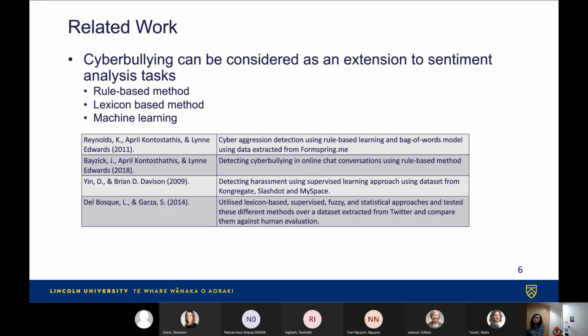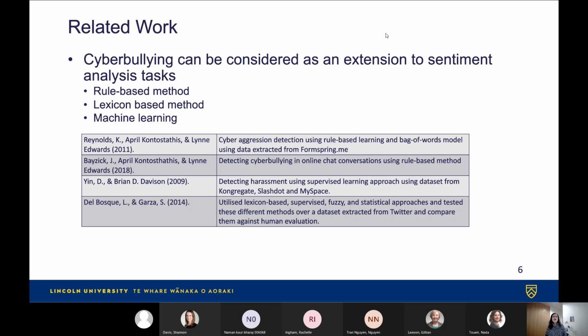But of course, we need to do a lot more than just distinguishing whether it's negative or positive. In my example, I do not like this bottle does not really mean that it's a cyberbullying statement. But when you add some other additional statement that says you're a whore, or you're a nutcase, you should kill yourself, that's when it becomes a cyberbullying statement.